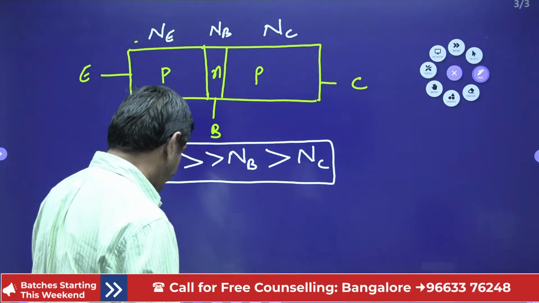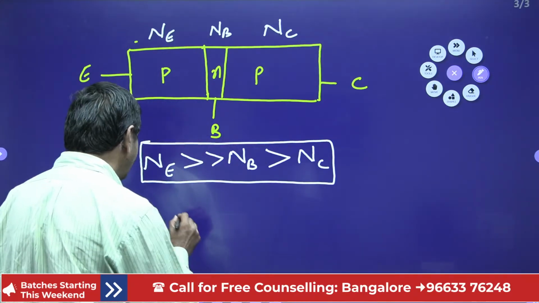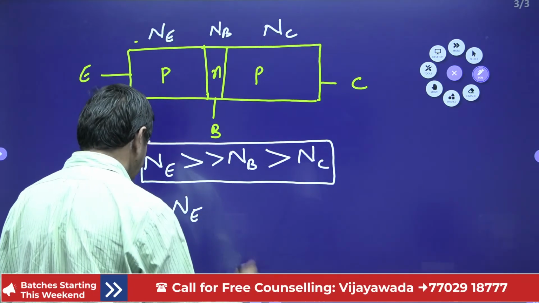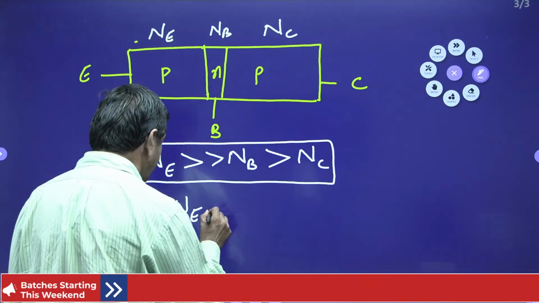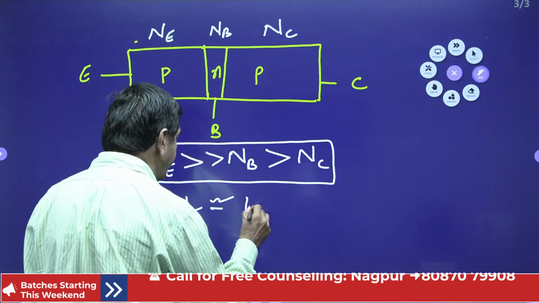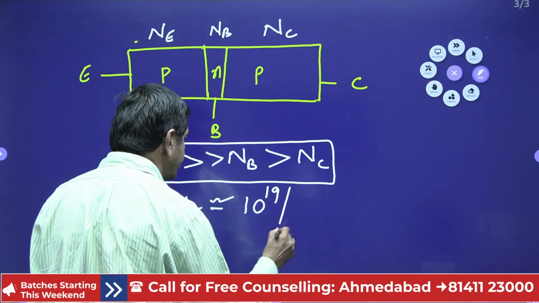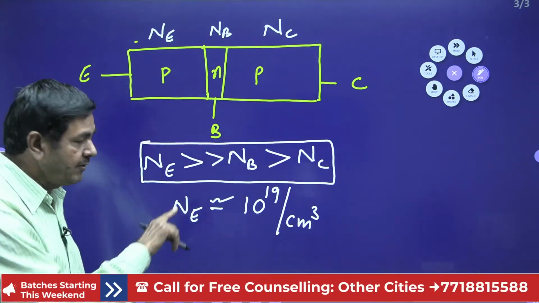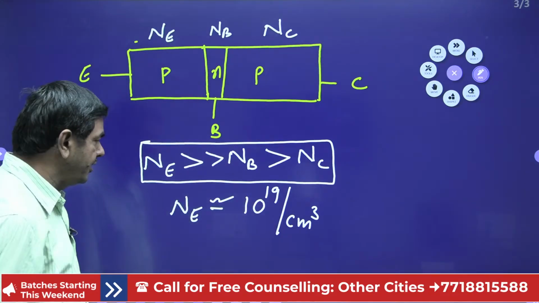Understand? So practically, Ne, the concentration in the emitter, is maintained approximately equal to 10 power 19 per cm cube. Per cm cube or per meter cube they will use. I have taken here 10 power 19 per cm cube.